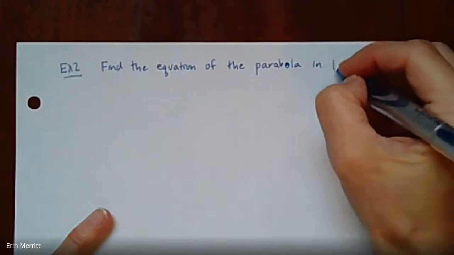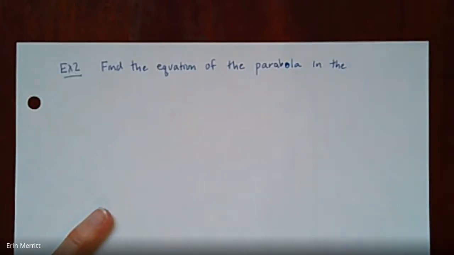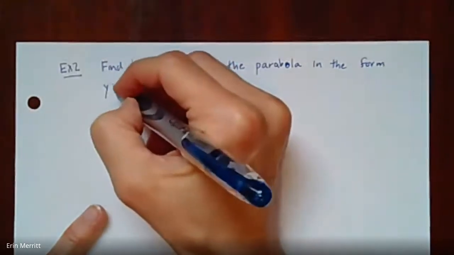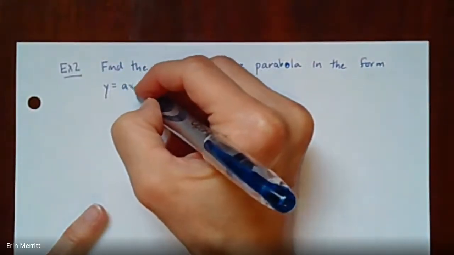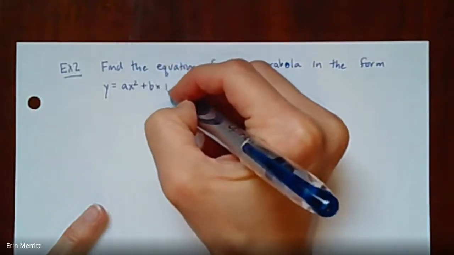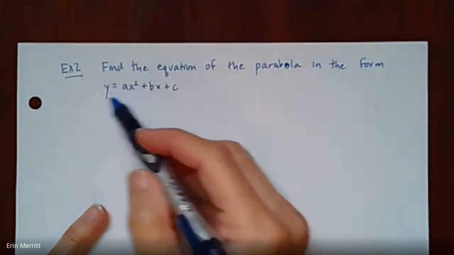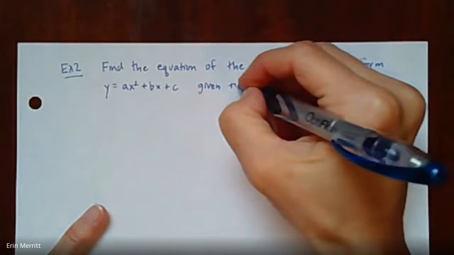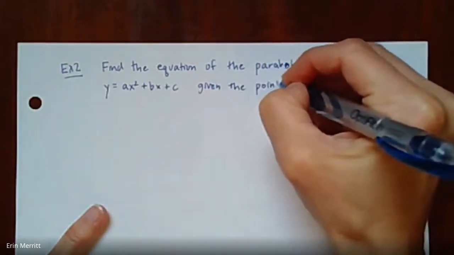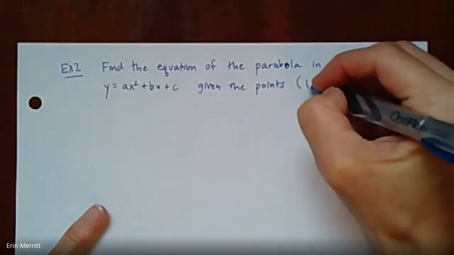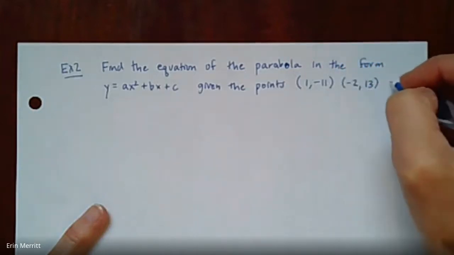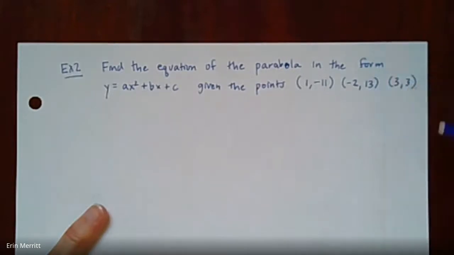All right, let me move my calculator out of the way, in the form of y equals ax squared plus bx plus c. So our final answer, we're going to be able to write it out like this, given 3 points that you know are on the parabola. So given the points 1, -11, -2, 13, and then 3, 3.